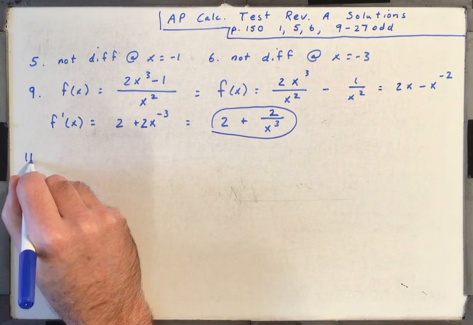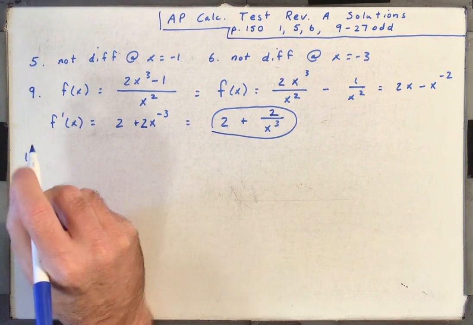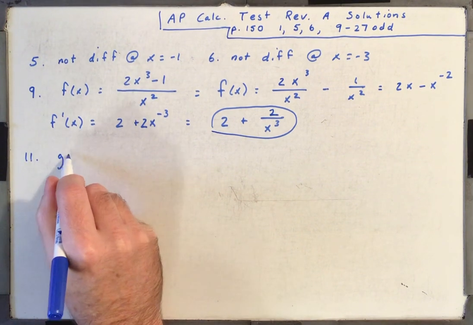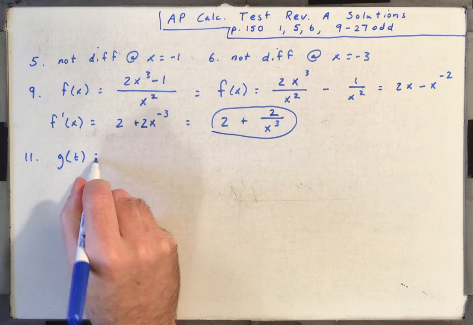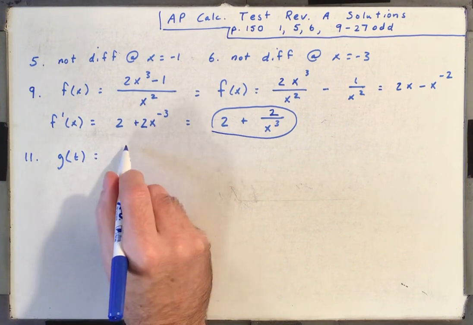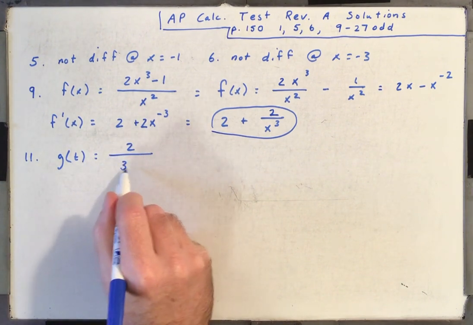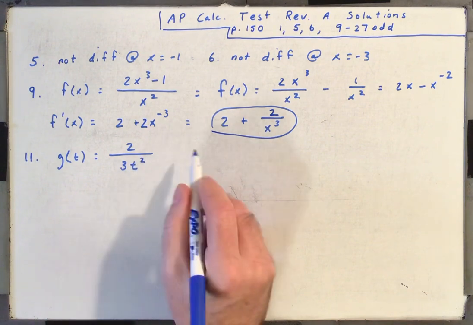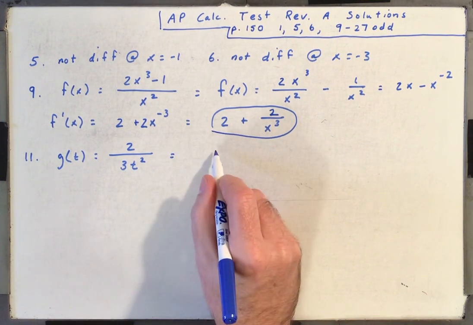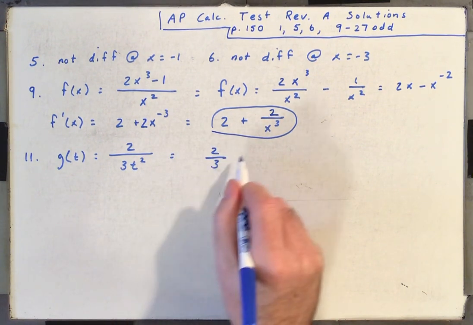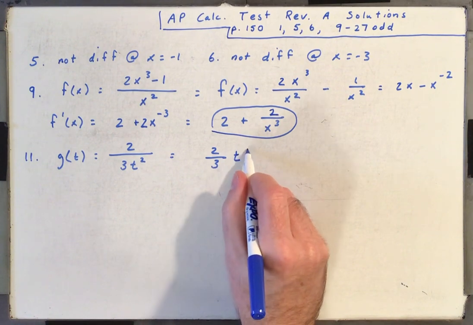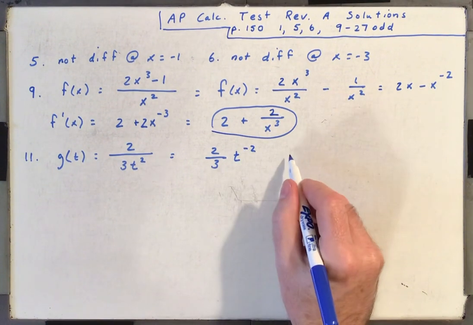All right, number 11. So g of t is equal to 2 over 3t squared. I'm going to rewrite that as 2/3 times t to the minus 2.